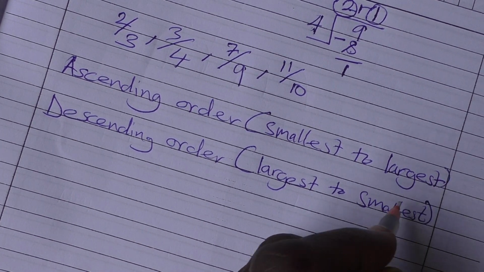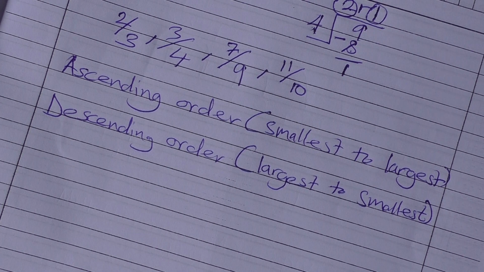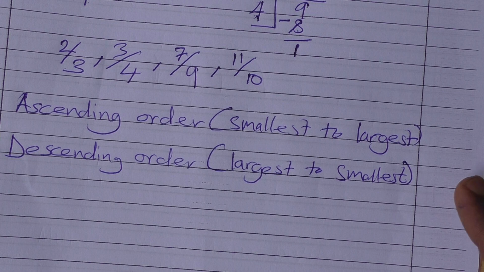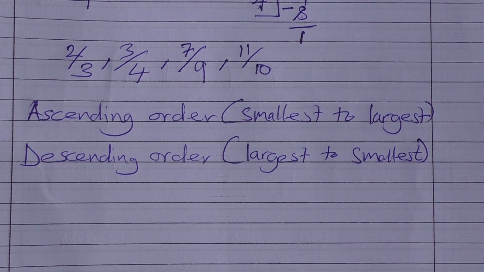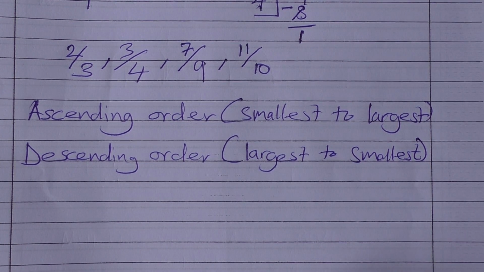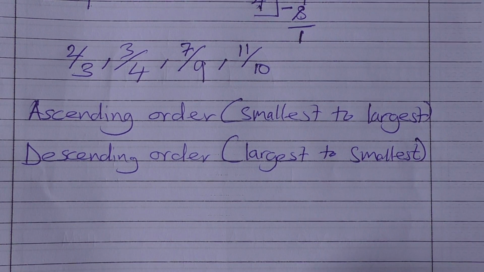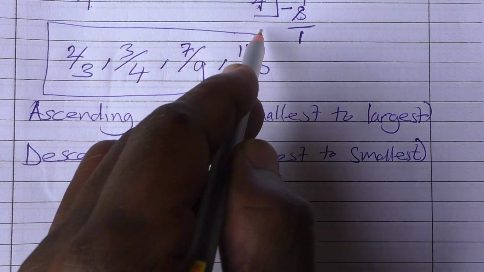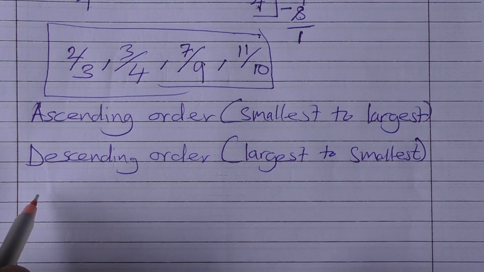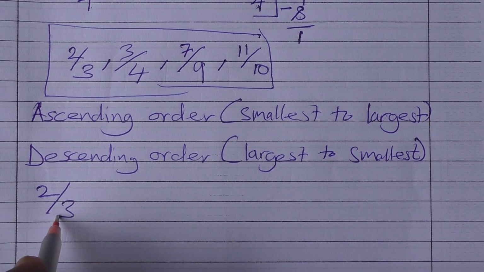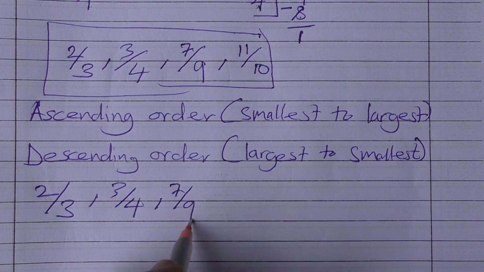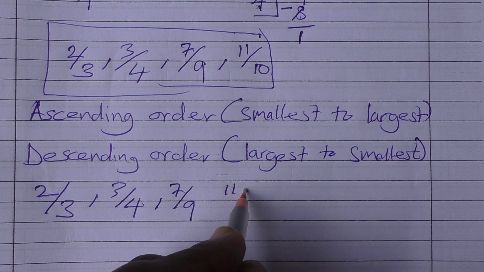So fractions can be arranged according to the two categories. How do we do this? We already have our fractions that we must arrange: 2/3, 3/4, 7/9, and 11/10.